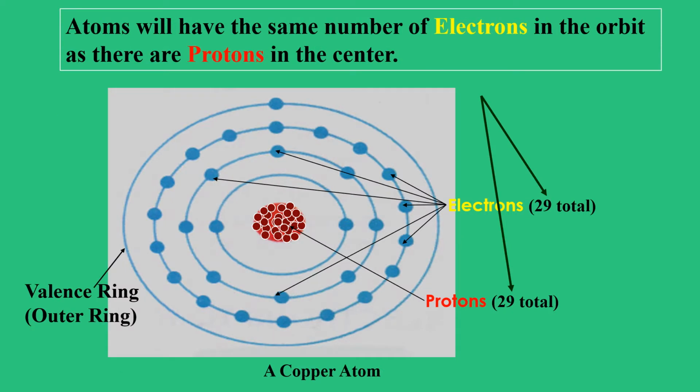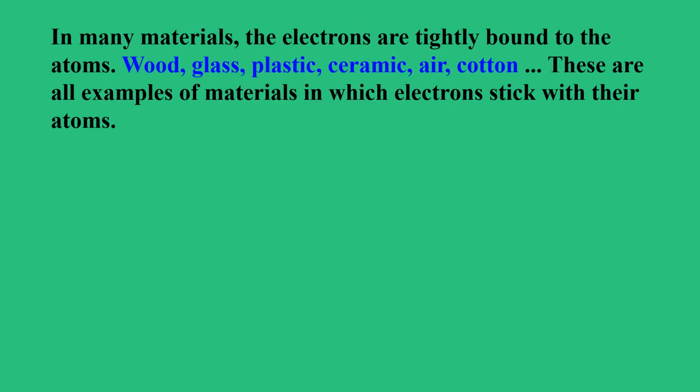Atoms will have the same number of electrons in the orbit as there are protons in the center. For example, for a copper atom, there are 29 electrons and 29 protons. In many materials, the electrons are tightly bound to the atoms: wood, glass, plastic, ceramic, air, cotton, and so on.